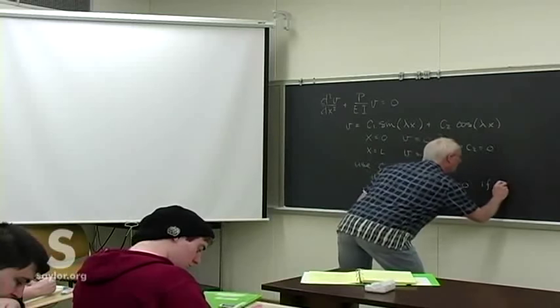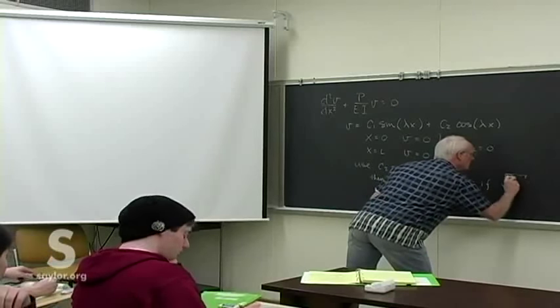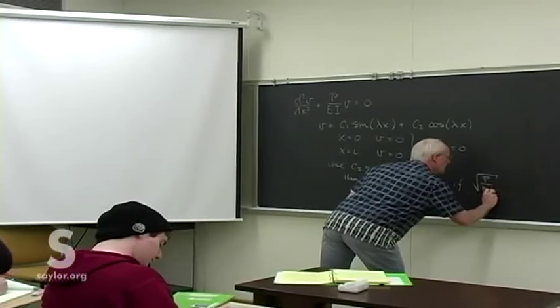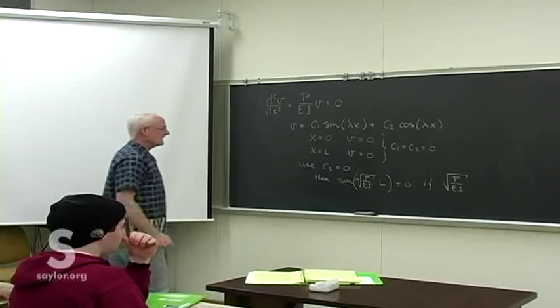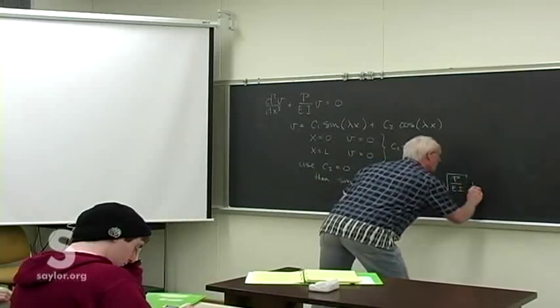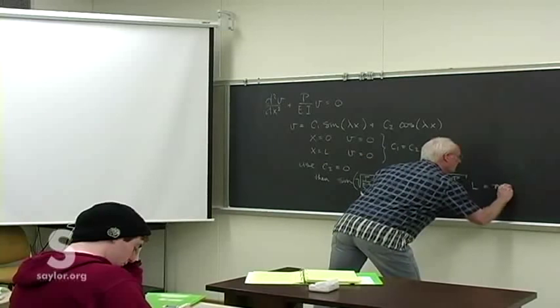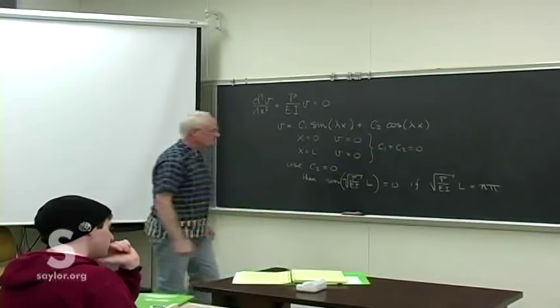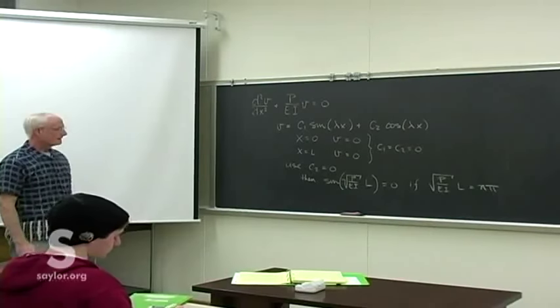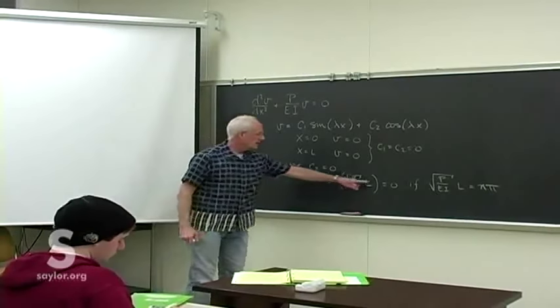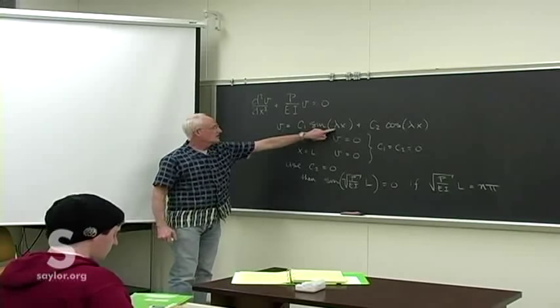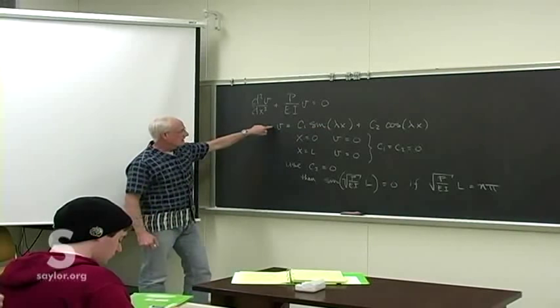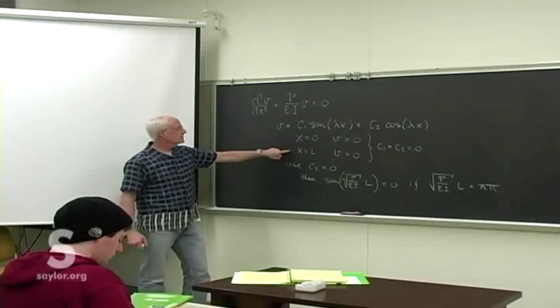If the square root of P over EI times L equals N pi, that's the only way that we'll get a solution where the sine of that equals 0, which will also satisfy our second boundary condition.